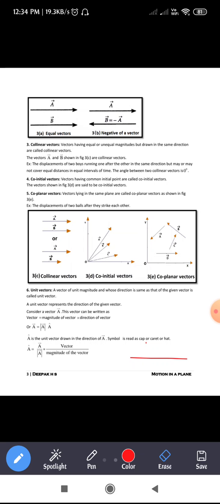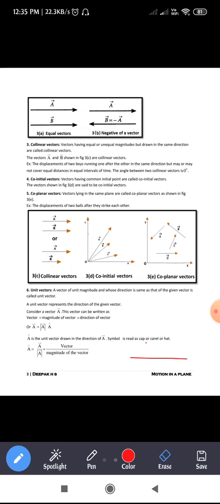The example for that is the displacement of two boys running one after the other in the same direction but may or may not cover equal distance in equal intervals of time. The two boys are running one behind the other in the same direction, so they may or may not cover equal distance in equal time.